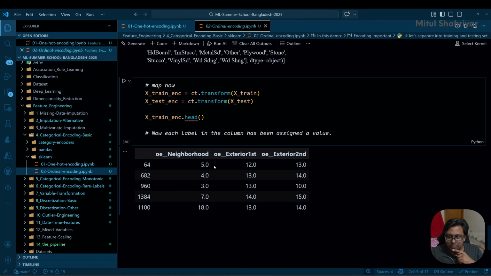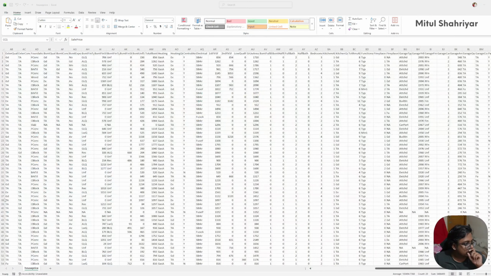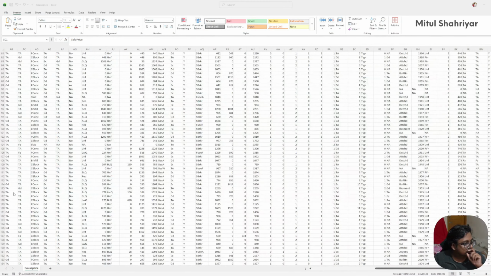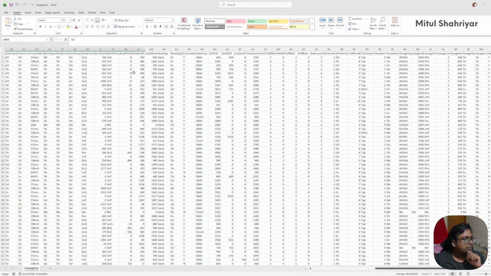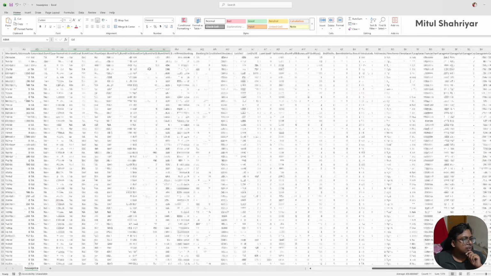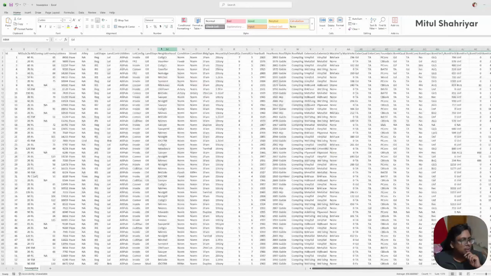And if we go to the data sheet, let's just look at row 64, right? For 64, I also need to look at the neighborhood, right?